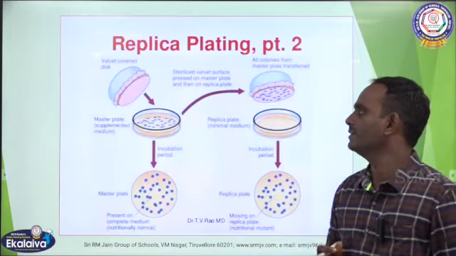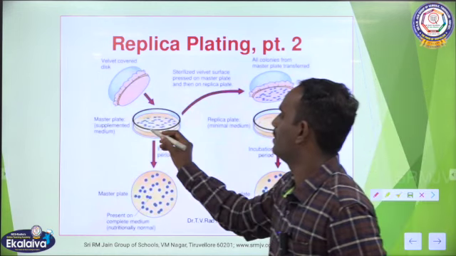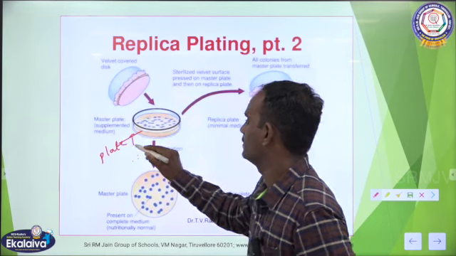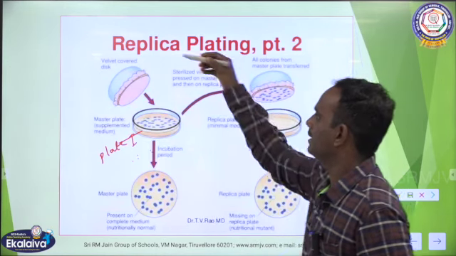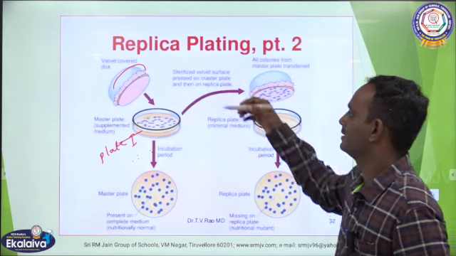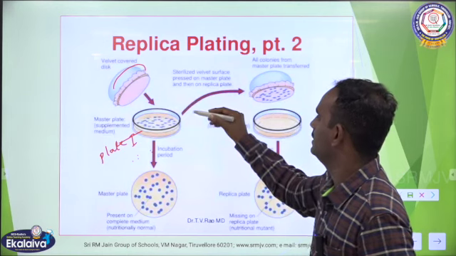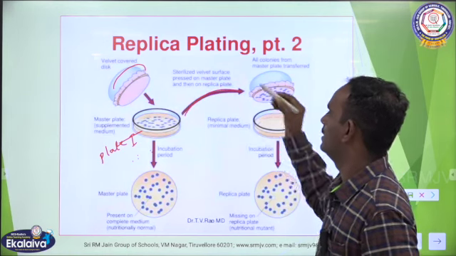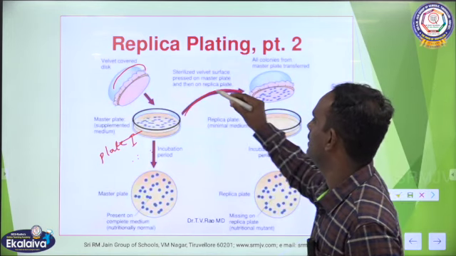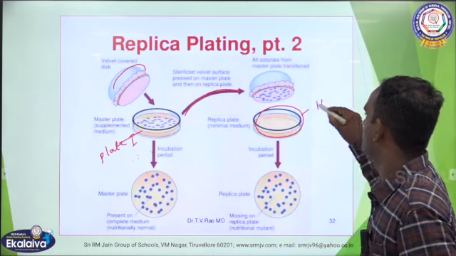See the picture here, children. This is the master plate, plate 1. Okay, and then a sterile filter plate, a sterilized velvet surface, is pressed on the master plate and then pressed on plate 2, the second plate.